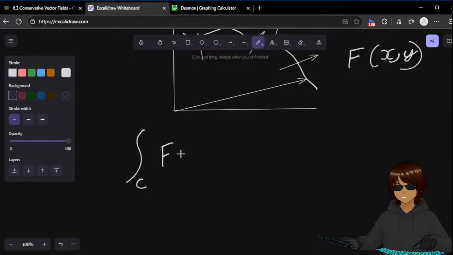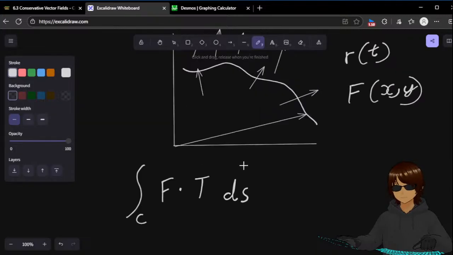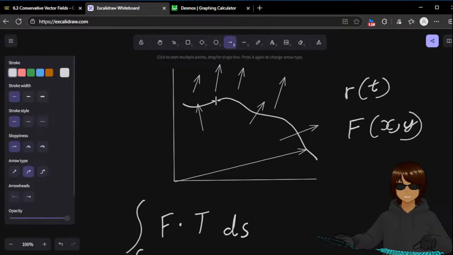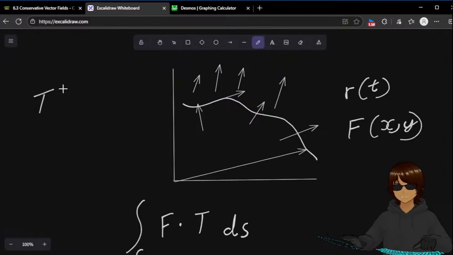The integral of F dot T ds. Tangent is like a unit tangent vector, which is the change in r(t), and it's a unit vector.